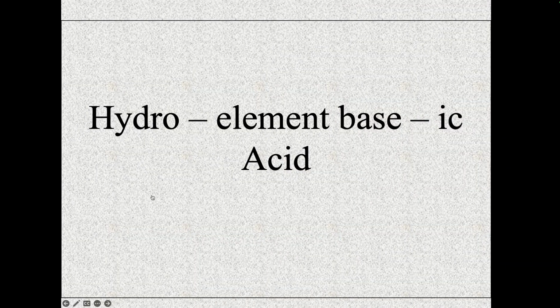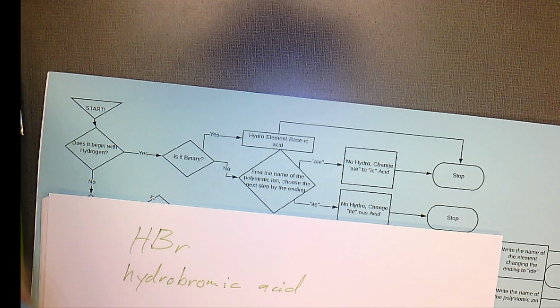Yep. And guys, this slide is actually on our flow chart too. I will show you that in a second. All right. If you look at your flow chart, I can kind of zoom in.